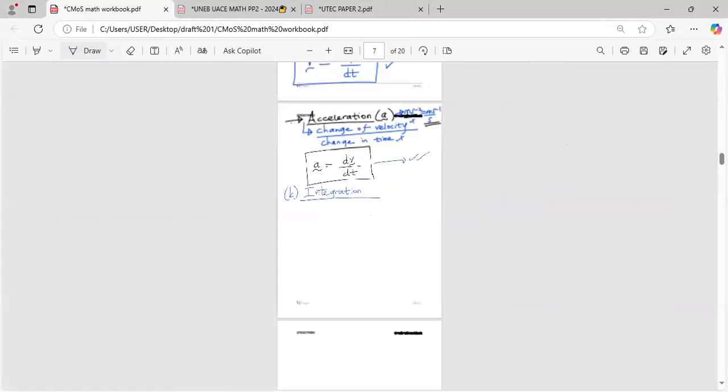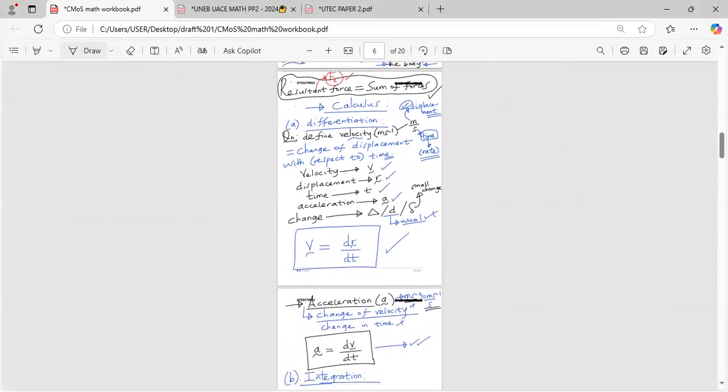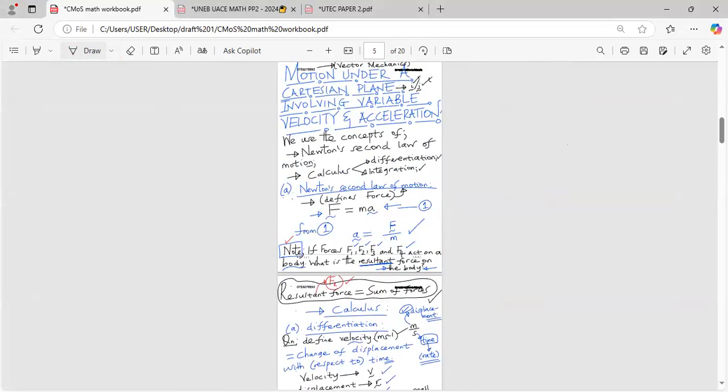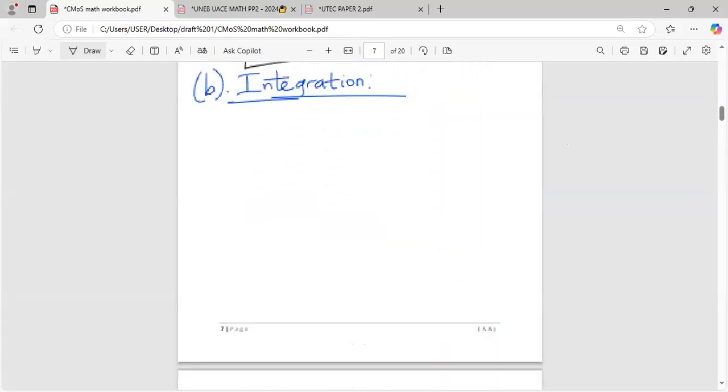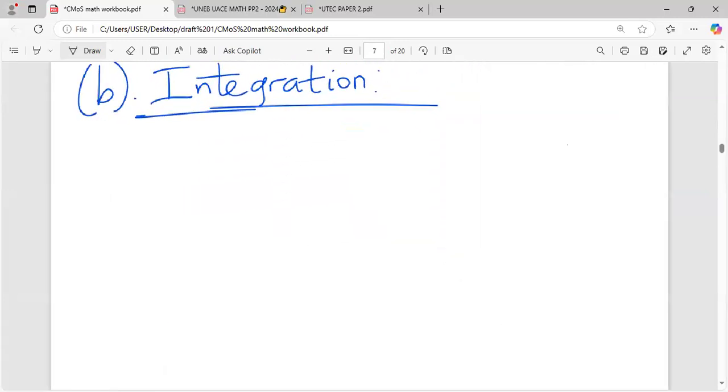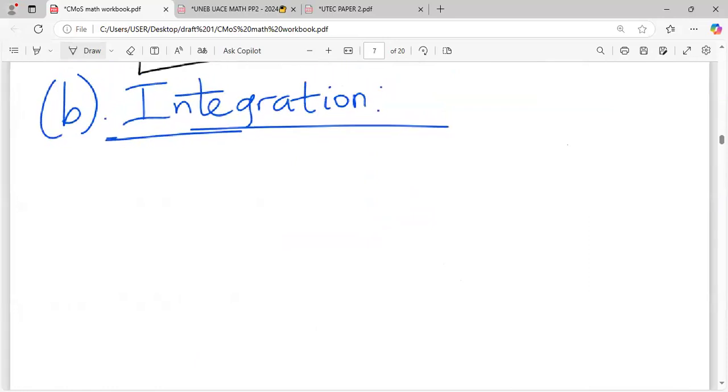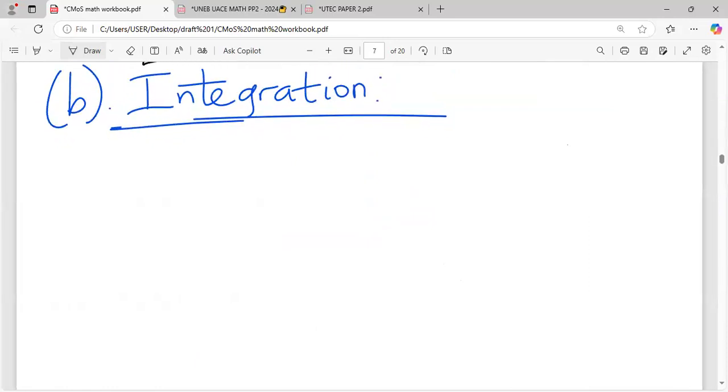I said that in these things we are going to do, we handle two things: Newton's second law and then calculus. Newton's second law, we are done. Calculus is divided into two, differentiation and integration. Differentiation, I'm done. So now what I'm going to do is integration. Those who dodged those lessons, let us pray for you.